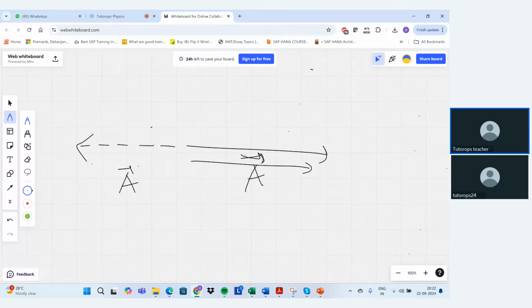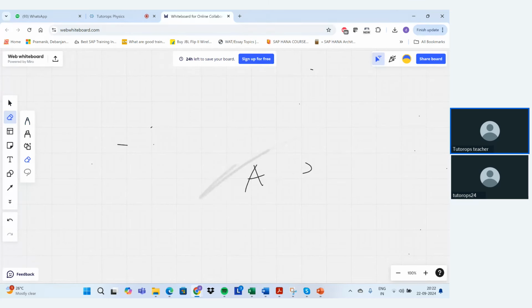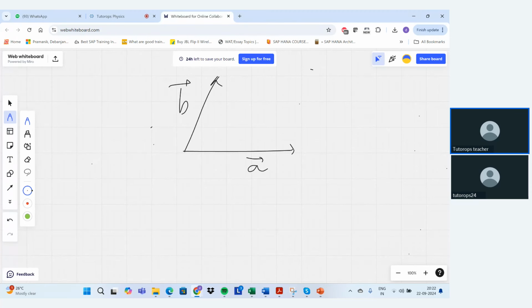Just coming to a real-time example: how can you do the subtraction of two vectors? Conceptually, for example, this is my vector A, this is my vector B. Always remember to give the vector sign.